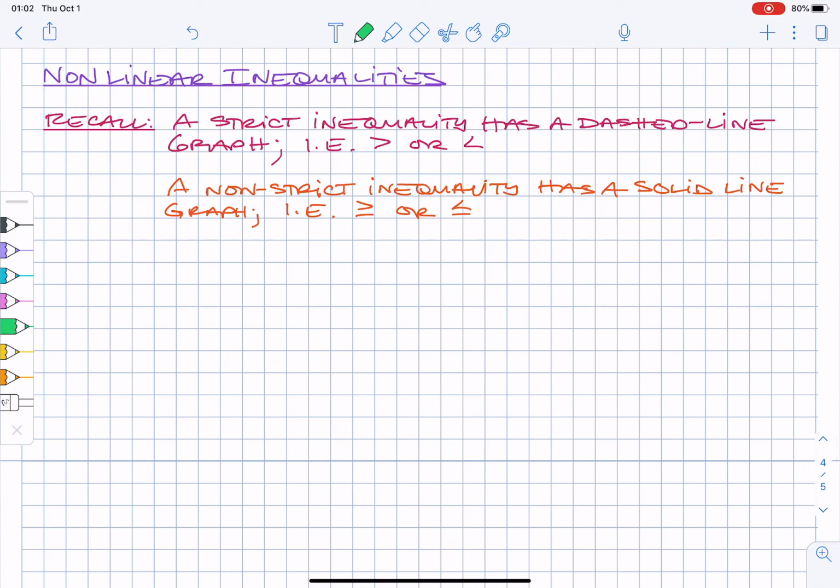Okay, so note, if it is possible, solve for y is equal to f of x.